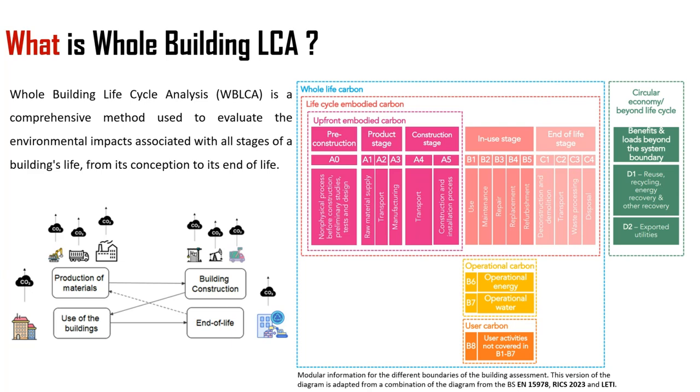So in case of this whole building LCA, what we intend to cover majorly is that life cycle embodied carbon. So we are not worried about operational carbon, which means energy utilization or water utilization and all. So we talk about materials and we care about how to cut down the embodied carbon of those materials which are going into the construction of a building, right? So that is the purpose of whole building LCA.